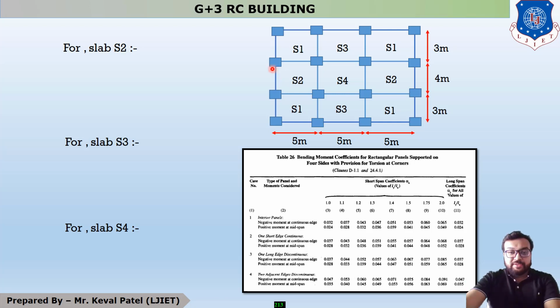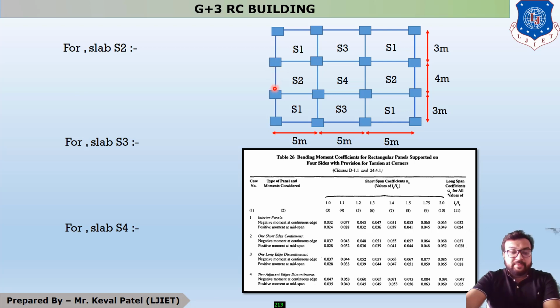Whenever your main reinforcement is in this direction, it is discontinuous on this edge, but continuous on this edge. Similarly, when your main reinforcement is in this direction, it is continuous over this edge and also over this edge, because there is a slab on both sides. It means your reinforcement is discontinuous only on this side.